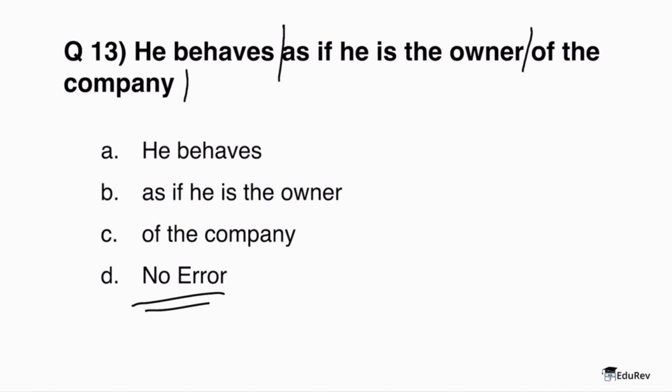So see, if, as if, wish, if only, whenever they are followed by to be, one should use the auxiliary verb were regardless of the subject being of any number. Here we have as if.